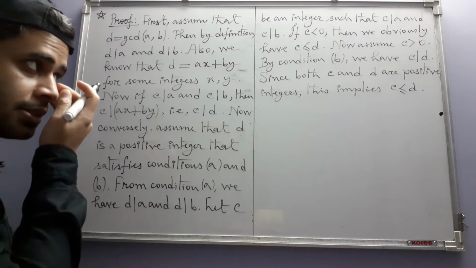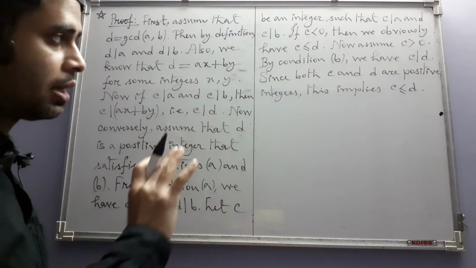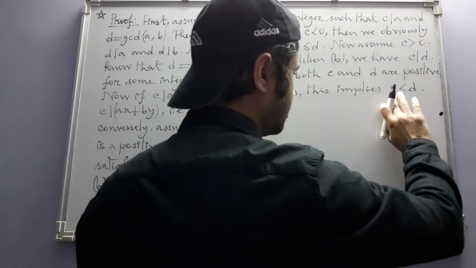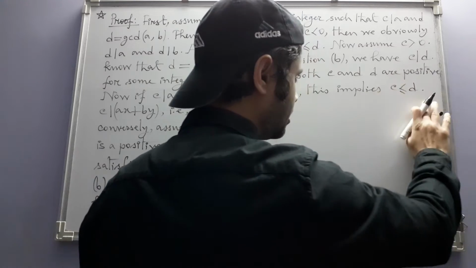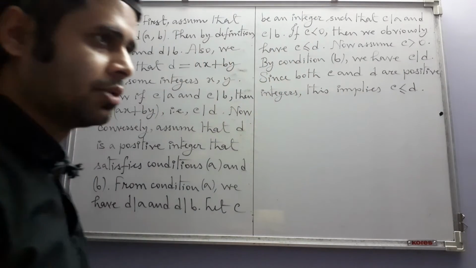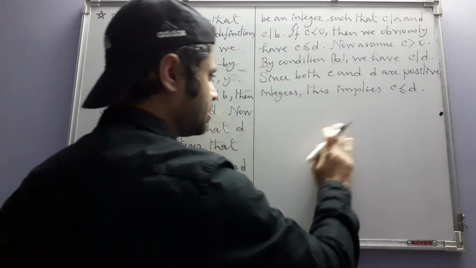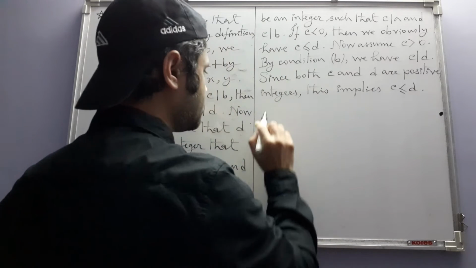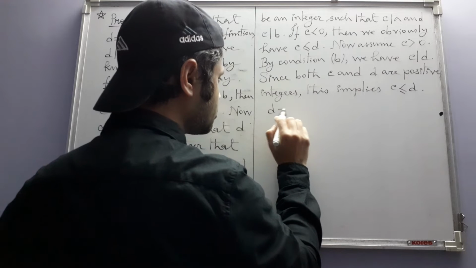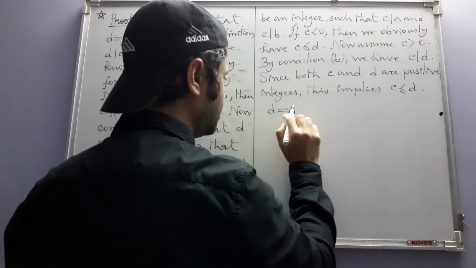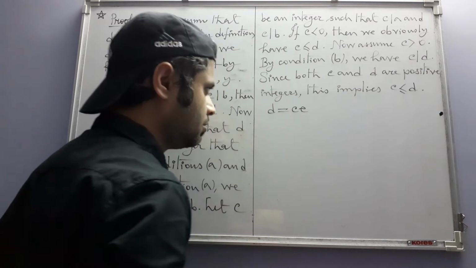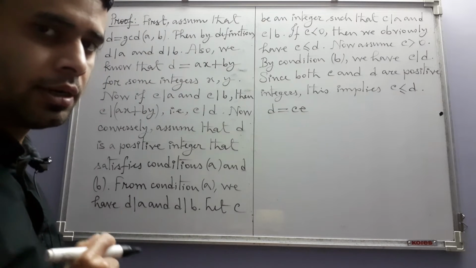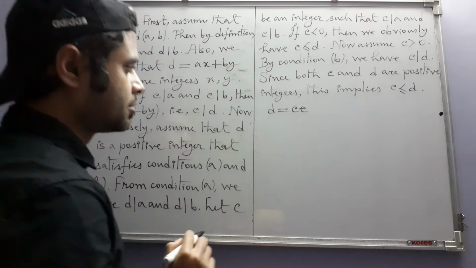And where is this inequality? I am trying to say how this inequality appears from this divisibility. Let us just see that also. Because C divides D, so D will be equal to C times E for some integer E. That's what divisibility means.